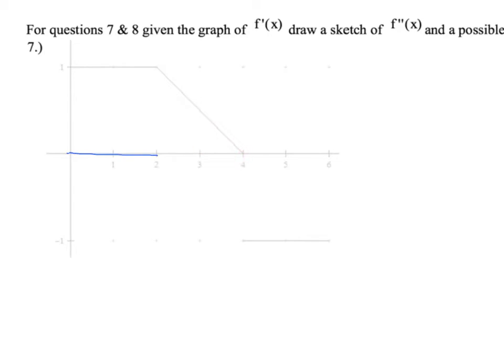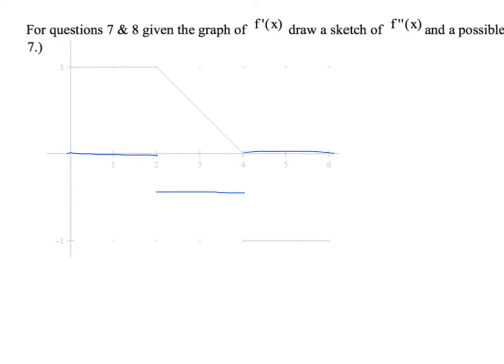So constant negative 1/2 from here to here. And again, at this point, this is a horizontal line, so the slope of this part is constantly 0.